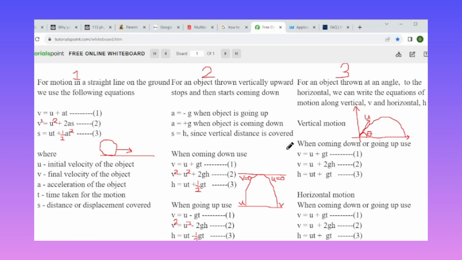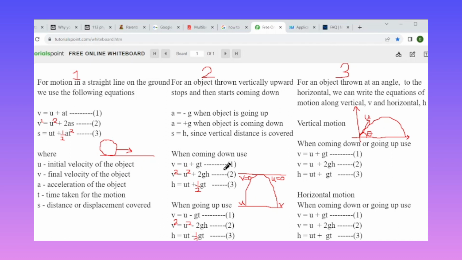We can therefore write equation for when the object is coming down using the three equations of motion that we already know for an object in a straight line on the ground. When the object is coming down, don't forget, we take our g to be positive, and so we have v is equals to u plus gt.